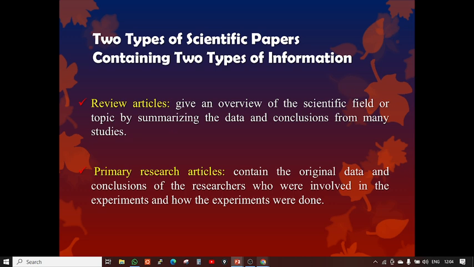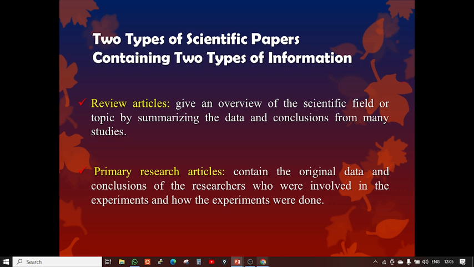Scientific papers contain two types of information. We already know they are either review articles or research articles. A review article is an overview of whatever has been published before, and you just summarize it. You do not have to do research of your own. You just summarize 100 or 200 research papers previously published in a particular domain, and conclude, taking one or two sentences to summarize each paper.